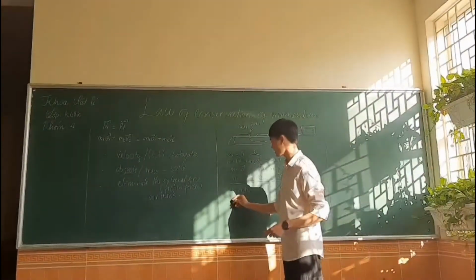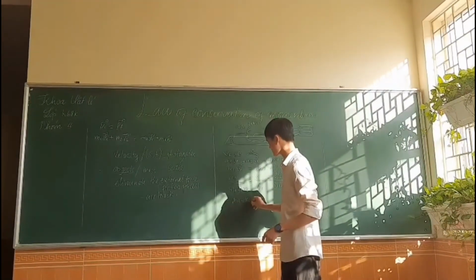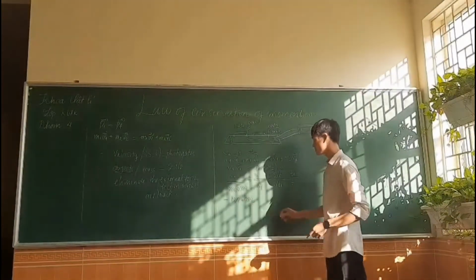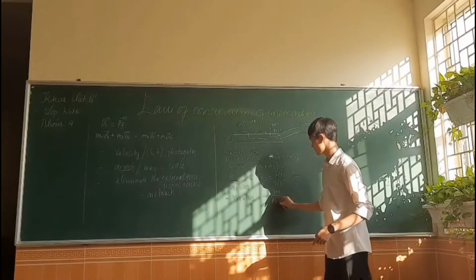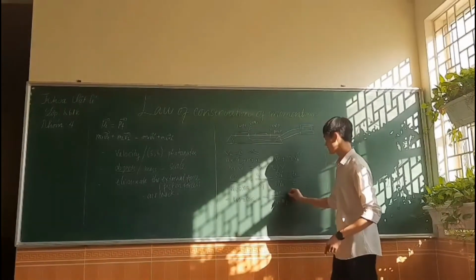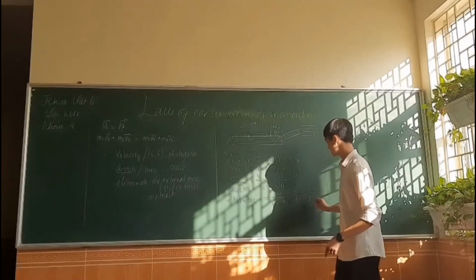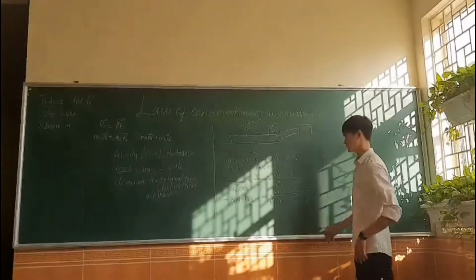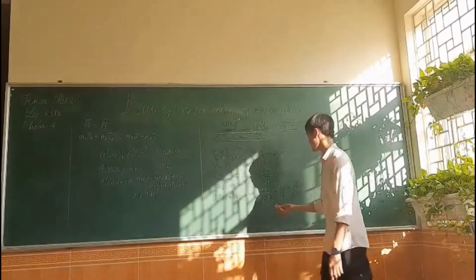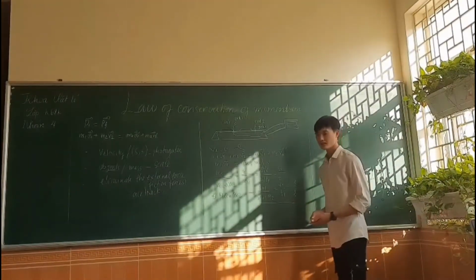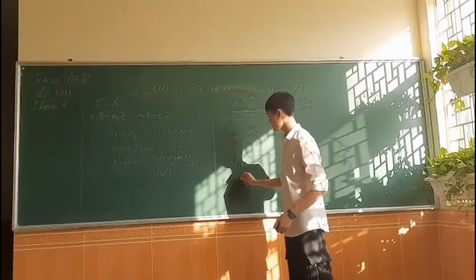I will consider the case m1 equals m2. If m1 equals m2, we have m1 over (m1 plus m2) equals t1 over t2 equals 1 over 2. We will check this.